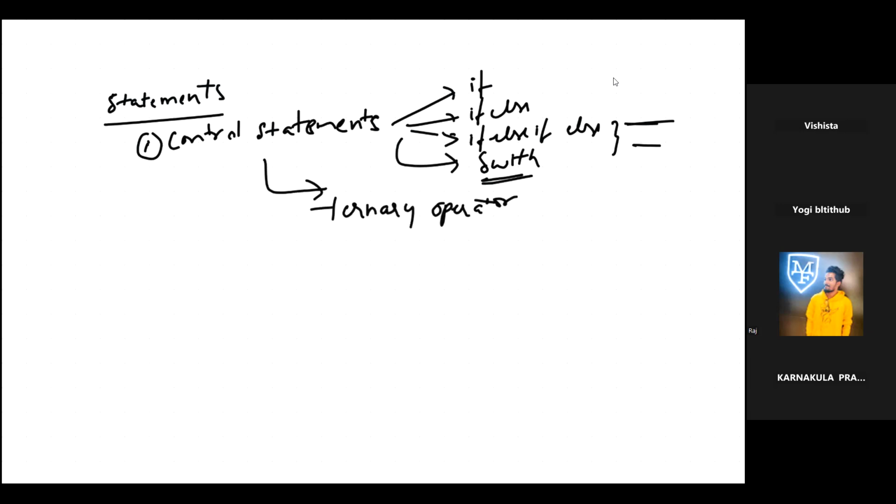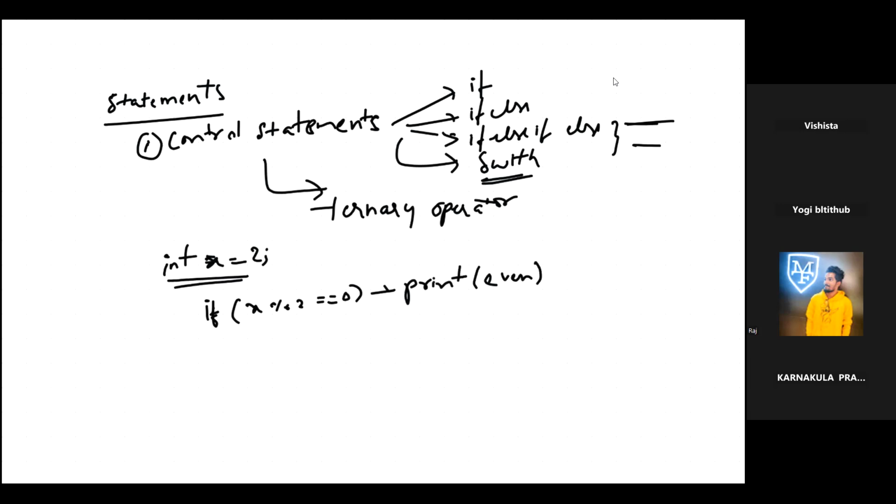We were discussing something like checking whether a number is even or odd, right? If int x is equal to 2, I want to check if this value is even or odd. So we were writing a control statement like if x modulo 2 equals 0, then print even, else print odd.